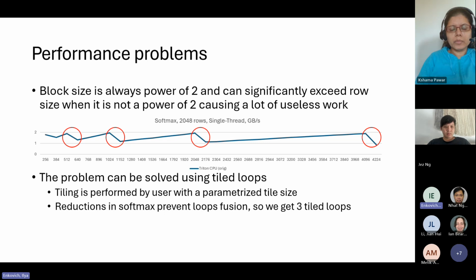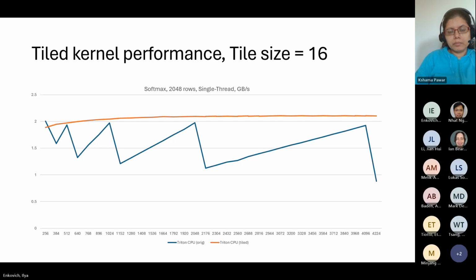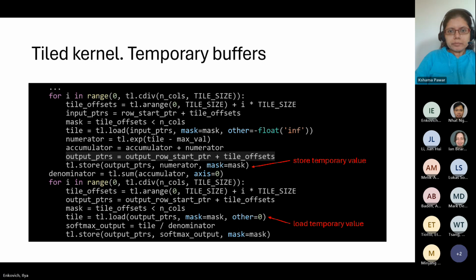So here we modify the softmax kernel to use tiled loops. Since softmax has a couple of reductions, in the resulting kernel we get 3 tiled loops, and the performance of the modified loops looks like this. Here we don't have any performance drop, and it becomes smooth and stable. The problem with writing tiled loops is that while we write them, we might need some temporary tensors and some place to store them.